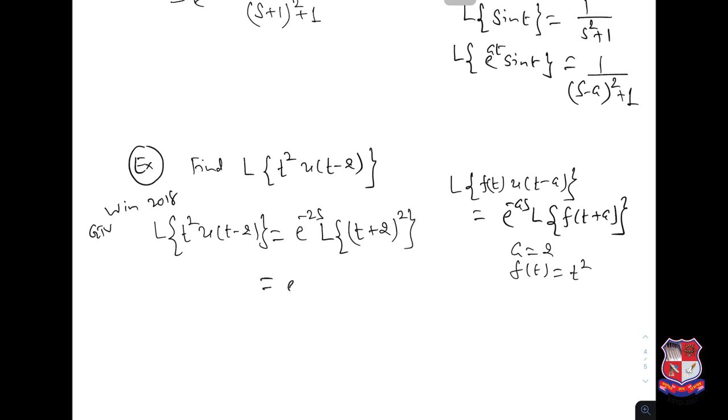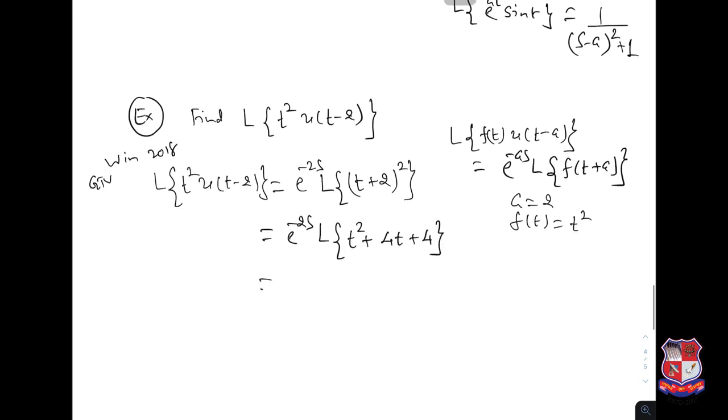So this is equal to e power minus 2s Laplace transformation of t square plus 4t plus 4, and so this is e power minus 2s and Laplace transformation of t square plus 4 Laplace transformation of t plus 4 Laplace transformation of 1.